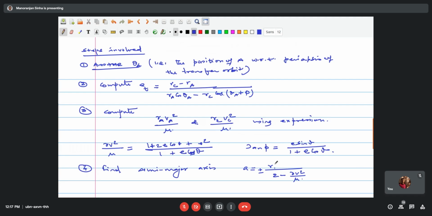So your R is known, sorry, RV square by mu is known from this place. So once you insert this, A will be known. So in different places you will have different values of RV square by mu, but A will be the same for the transfer orbit. And we will do one problem related to this so that the whole thing becomes clear.